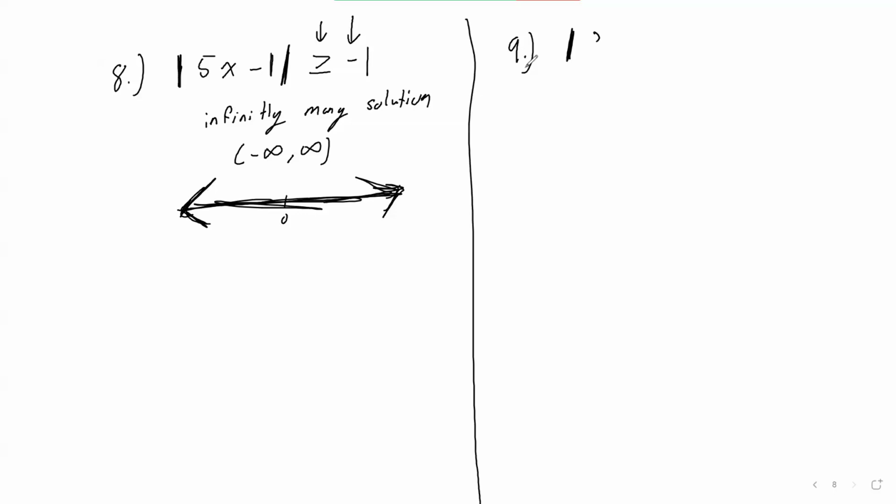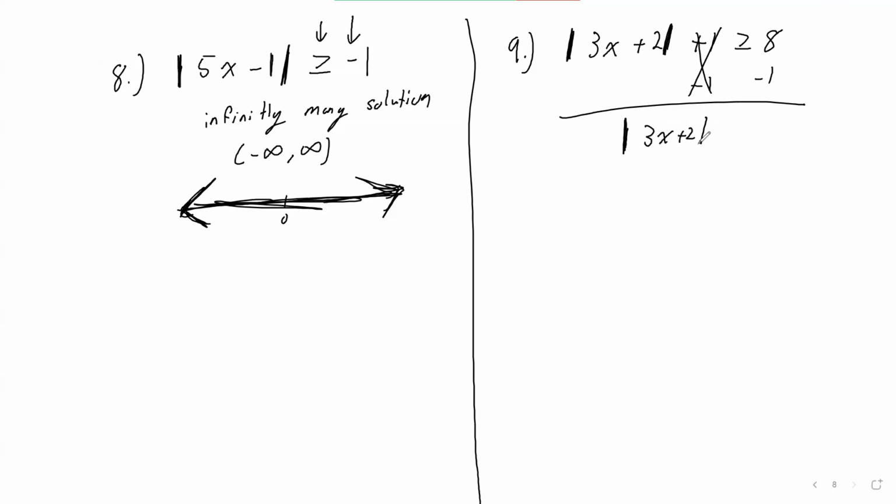All right. Last question. Absolute value of 3x plus 2, plus 1, greater than or equal to 8. What do I have to do first? 8 minus 1.